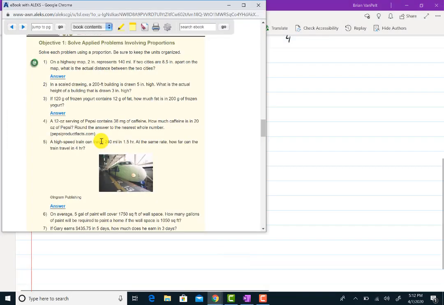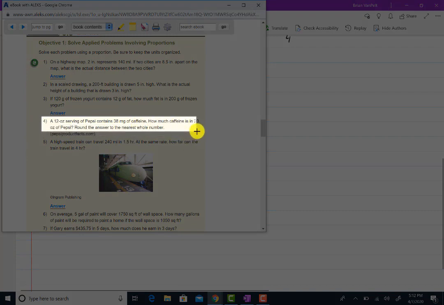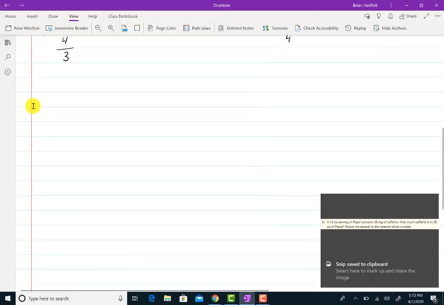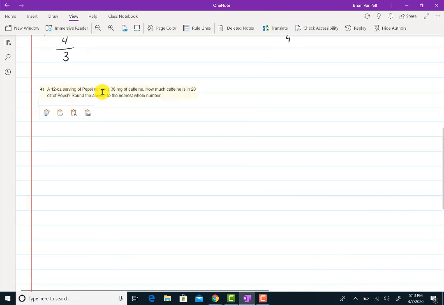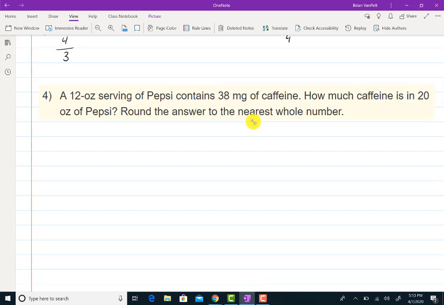And we're going to start with problem number 4. When I paste it in here, you'll be able to see what problem number it is. These problems come out of 6.5. And let's take a look at it.